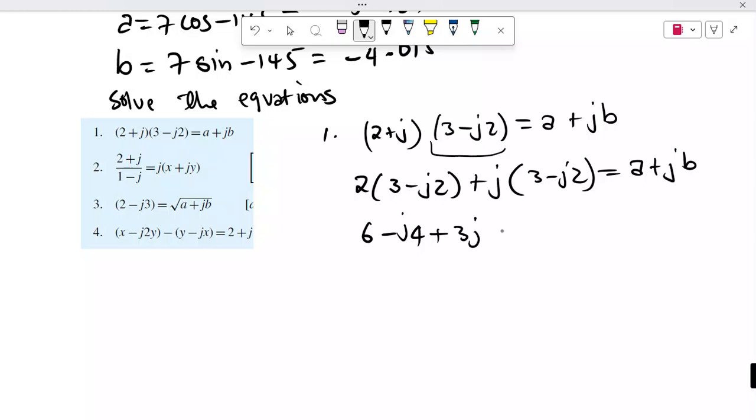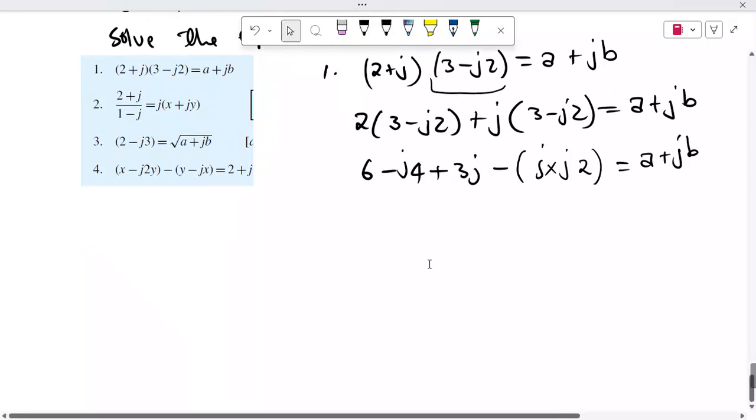Minus, then there is j multiplied by j, times 2, equals a plus jb.